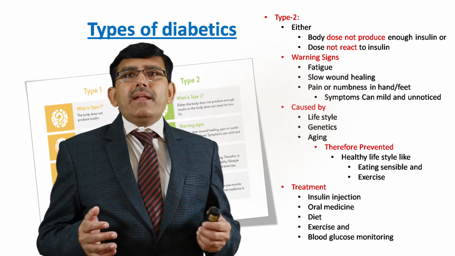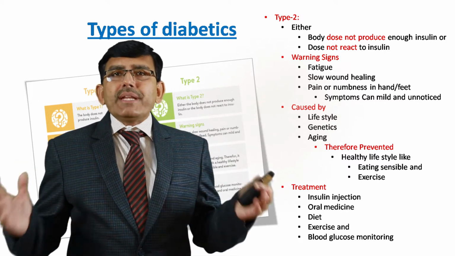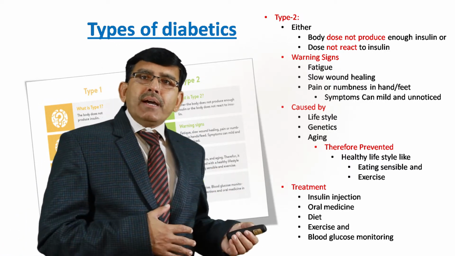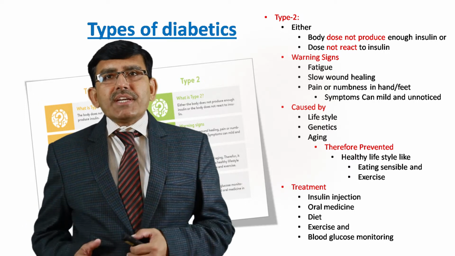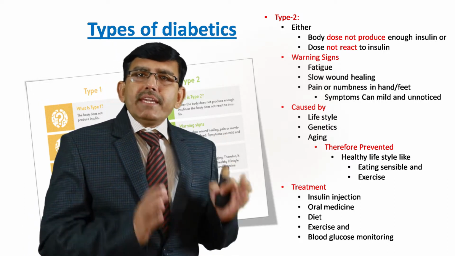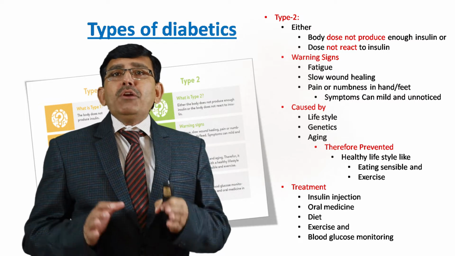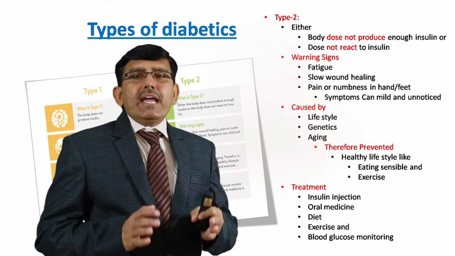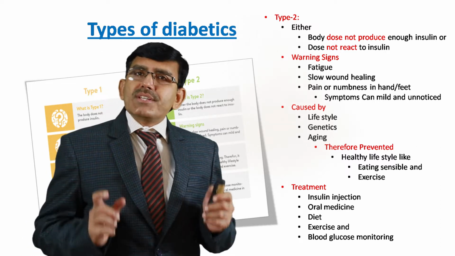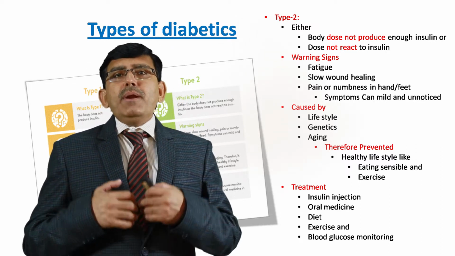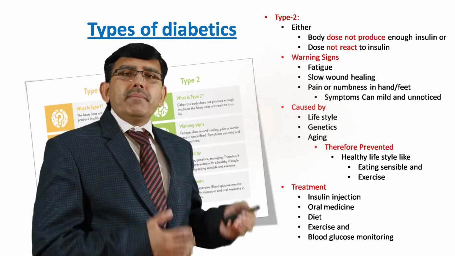These symptoms can be mild or unnoticed. Causes are lifestyle, genetics, aging, etc. Therefore, these causes can be prevented. A healthy lifestyle, like eating sensibly and exercising, can prevent type 2 diabetes.